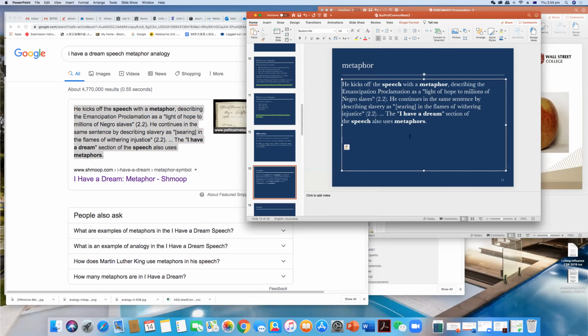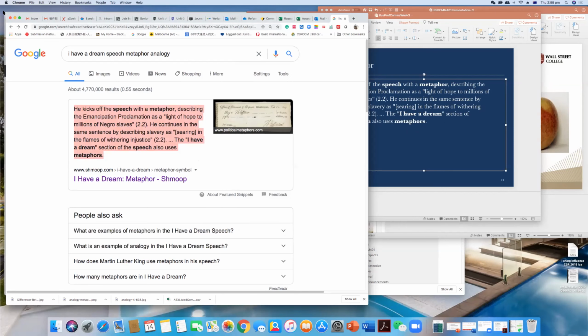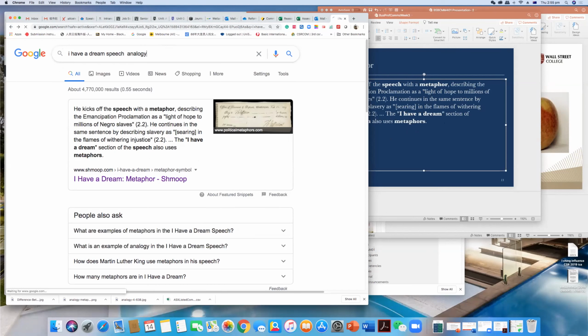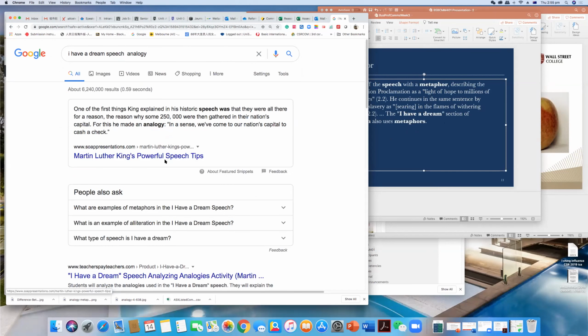He always uses that. And analogy, we can find that. I already explained. We just copy it. Like we come to our nation's capital to cash a check. Yeah, the bad check.